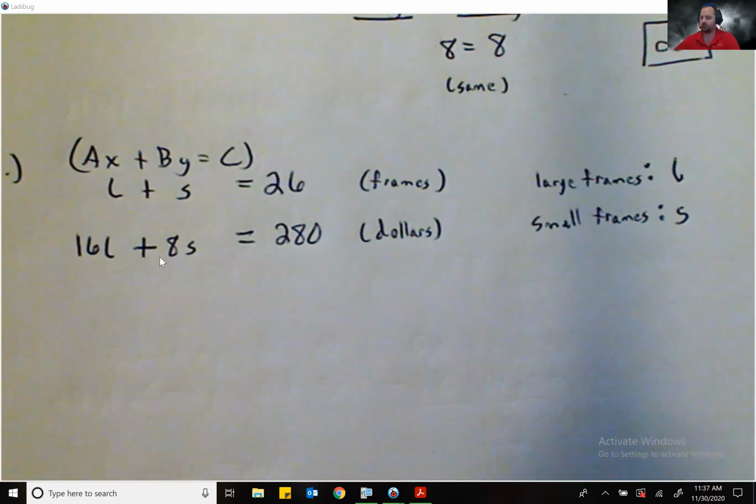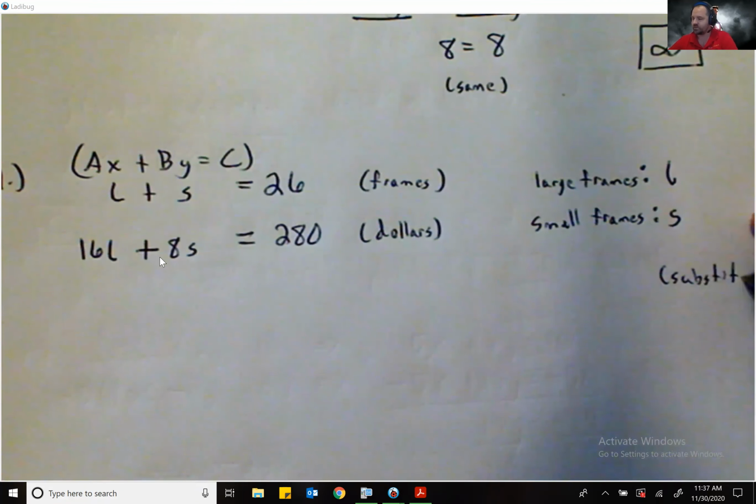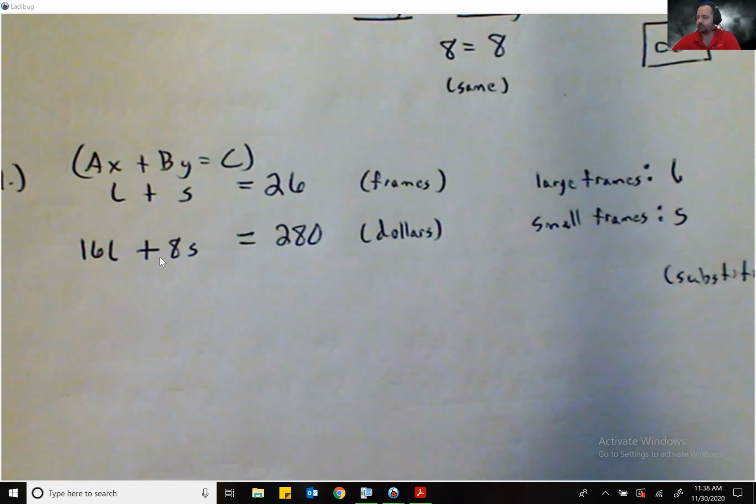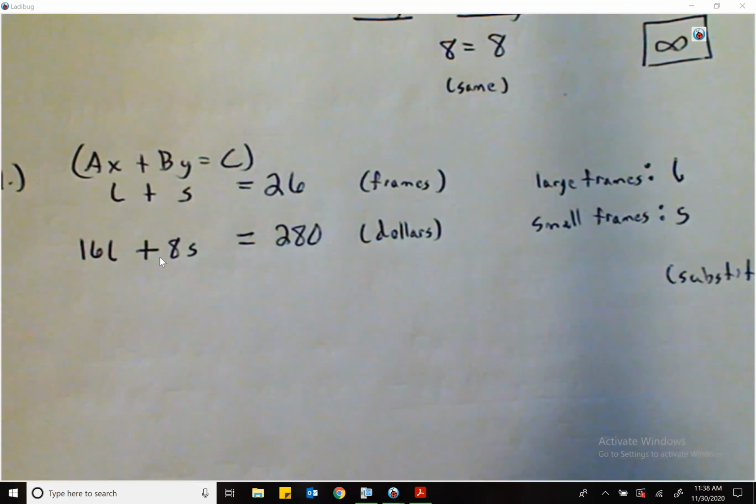I'm okay with that. So what variable would you want to solve for? In which equation? Do we want to use the top equation or the bottom equation? The top equation. Yeah, let's definitely take that top equation. Would you want to solve for L or for S? S. All right, let's solve for S.